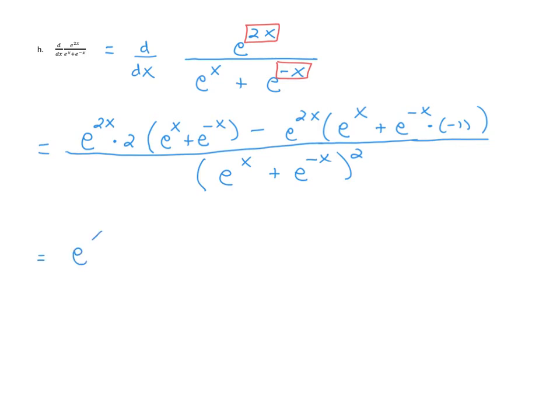So if you factor out e to the 2x, and you also at the same time multiply in this 2, we would have 2e to the x plus 2e to the negative x. All right, over here, this is gone. This is e to the x, and this is minus e to the minus x.